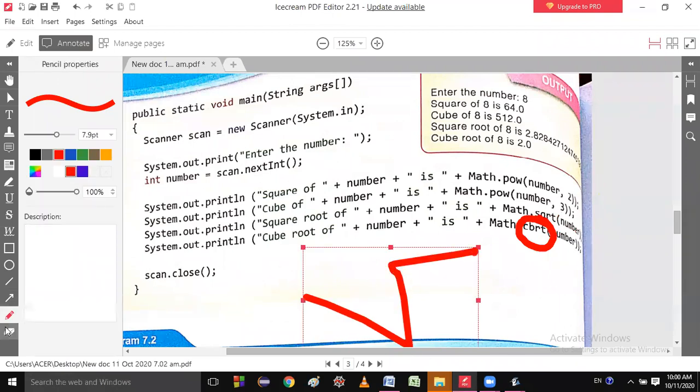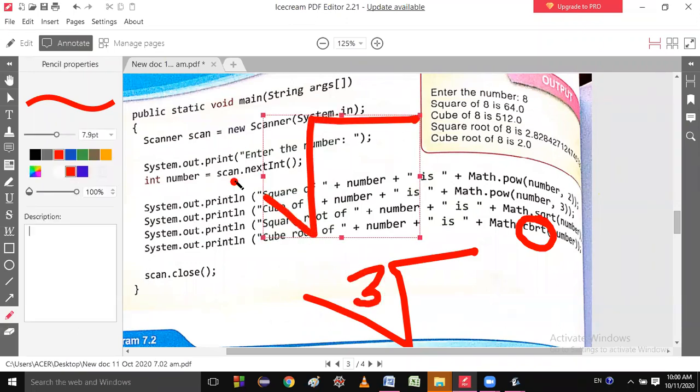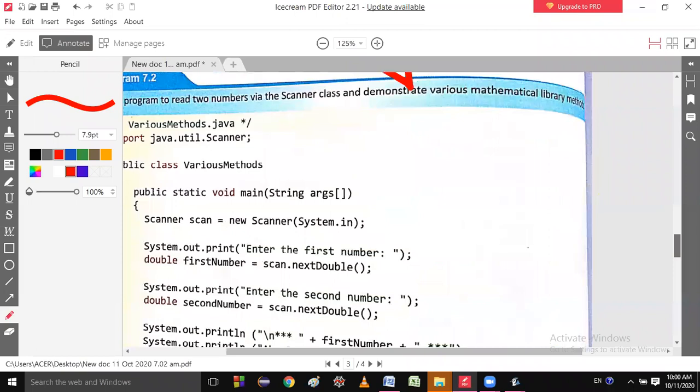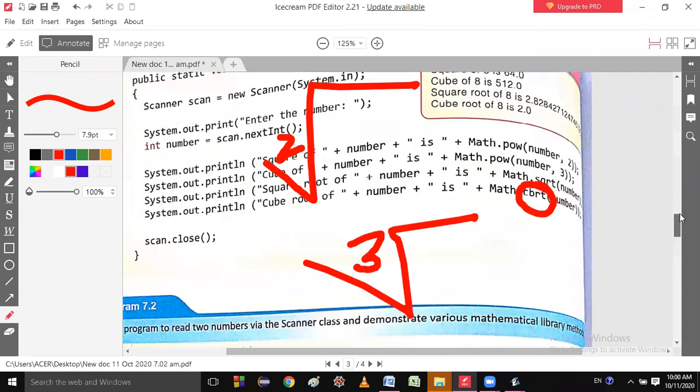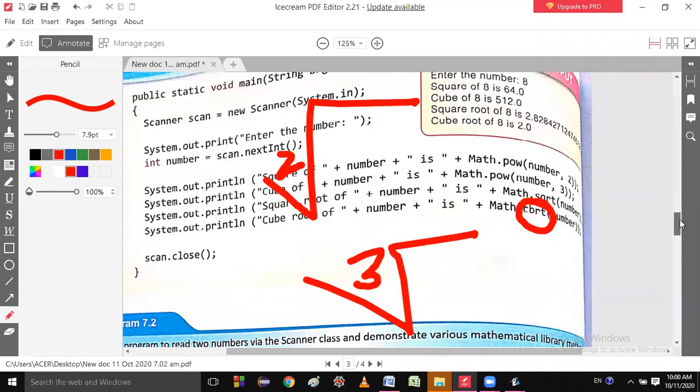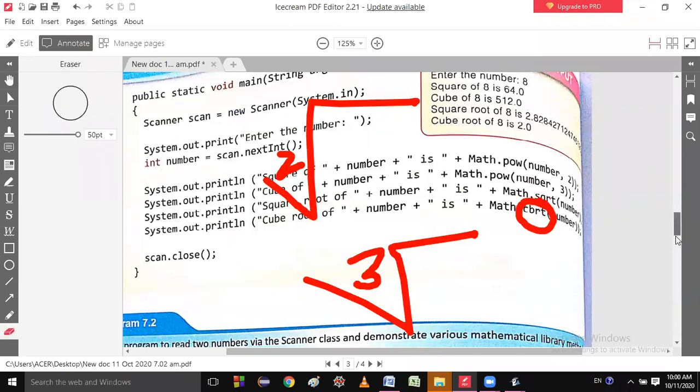Here will be 3. And here will be 2, then it is square root. You know or not? Square root. You don't know? No, sir. Okay.